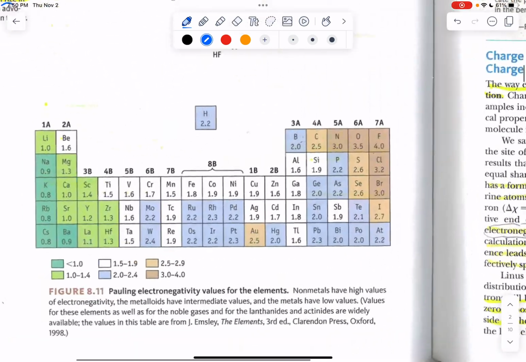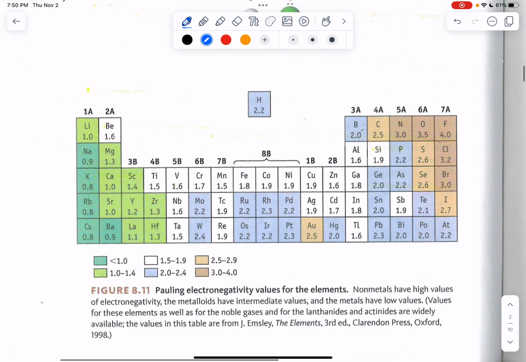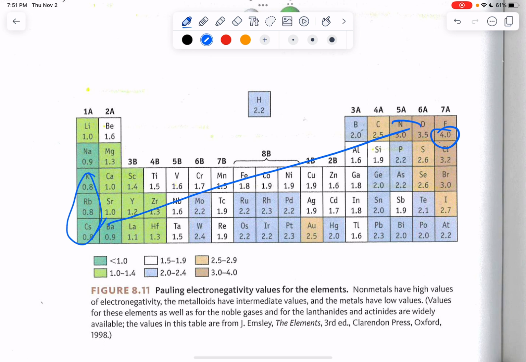So here is the table of electronegativities. Here you can see fluorine with its biggest one. We come over here to cesium and rubidium and potassium with their smallest ones. And so the trends increase from bottom to top and from left to right in general. And again, we are concerned about the difference in these two numbers.